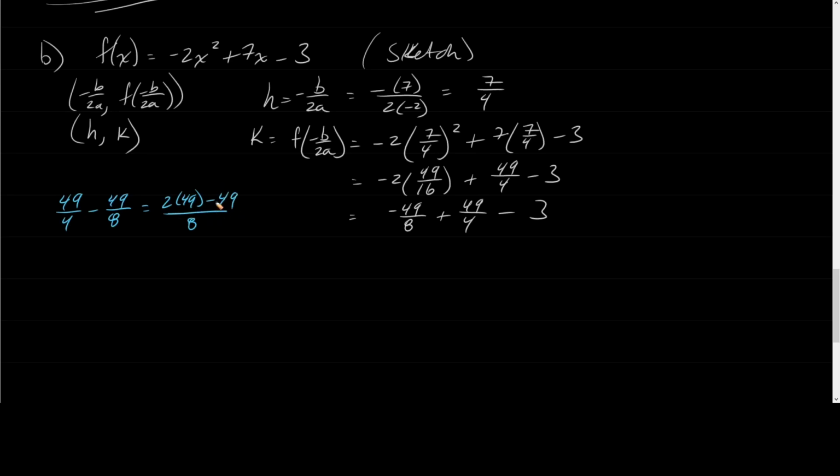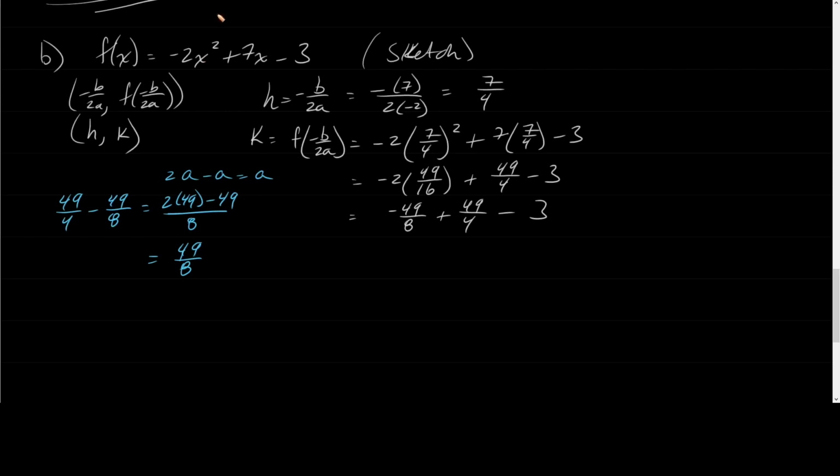And here, you don't really need to do the arithmetic. Think of this as 2 apples minus 1 apple. That just gives me 1 apple. So what I get here is just 49/8. You could have done 2 times 49 is 98, 98 minus 49 is 49, but I think this is a little quicker to think about it that way.